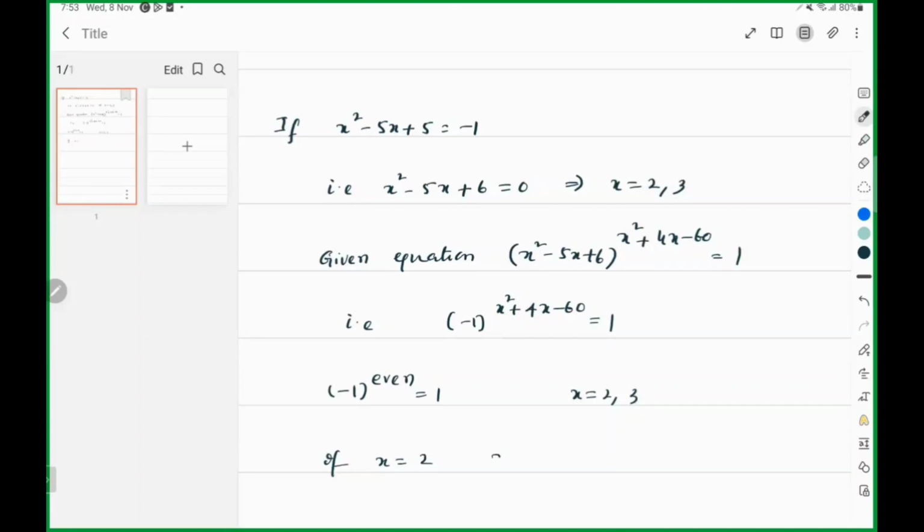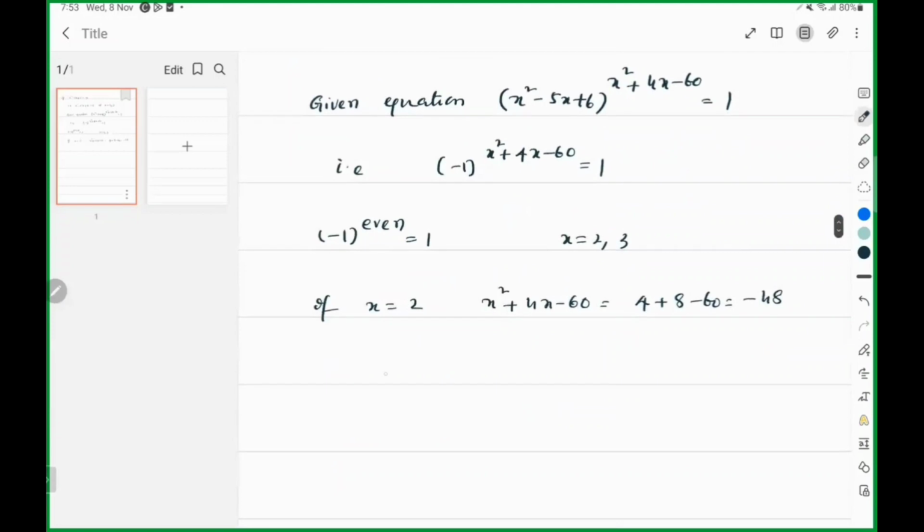If x is 2, the exponent is 4 plus 8 minus 60, which is minus 48, an even integer. Hence 2 is a solution.